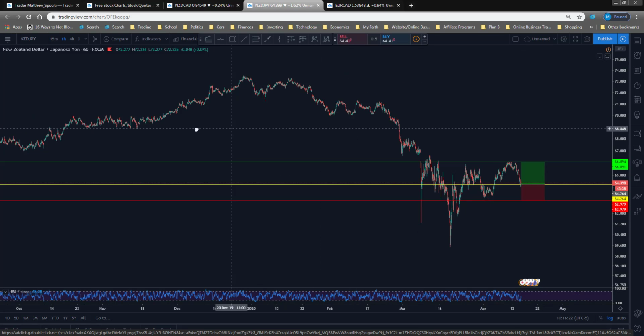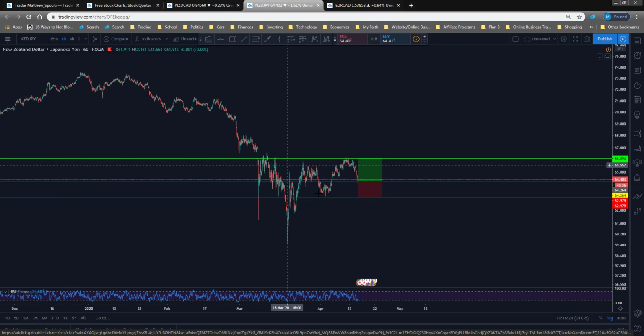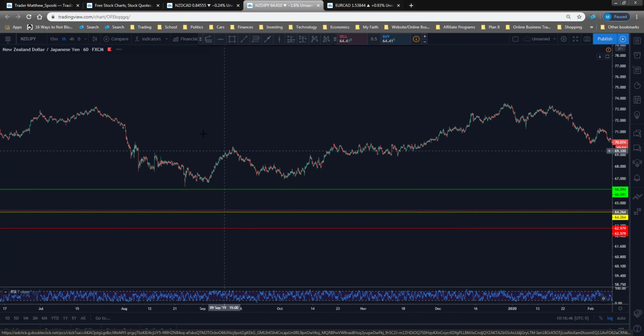We're moving from the top left portion of the screen to the bottom right. That is a bearish sign. So we're making new lower low closes, new lower low here, new lower low here, here.